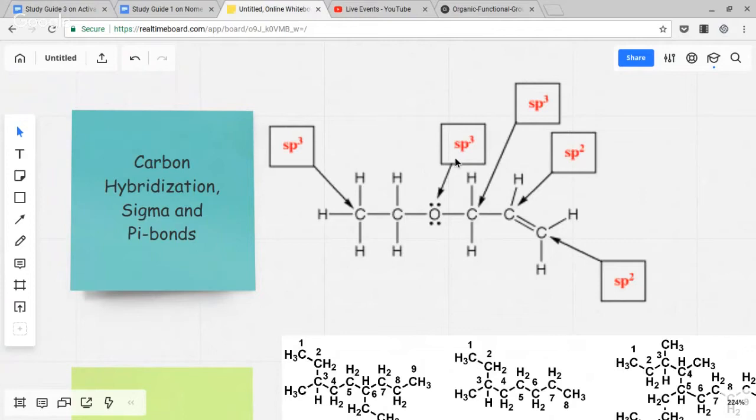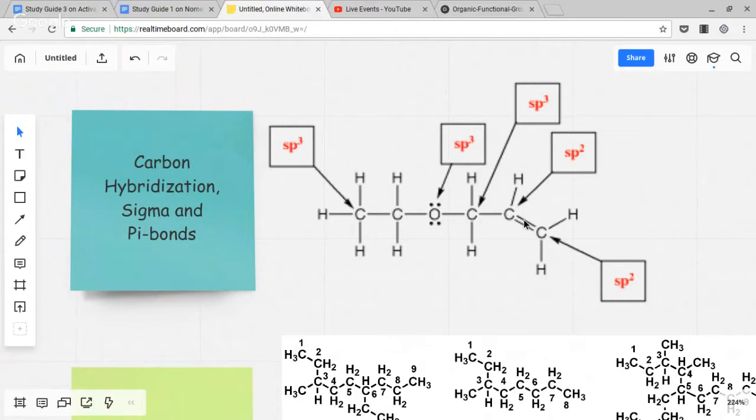Now, when we reduce these orbitals after sp3, we go to sp2. If you look at the example here for sp2, you see that carbon is bonded 3 times. So you have 2 single bonds and 1 double bond. If you see already a double bond, that reduces the number of times your carbon is bonded. So in this case, it's bonded 3 times.